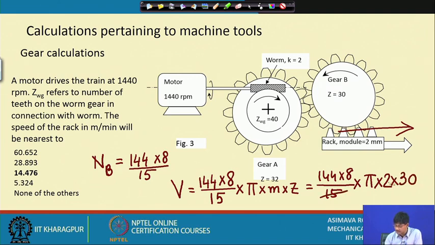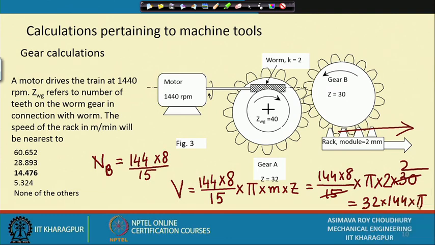This should be the answer, 2, 4. So, 4 8s are 32, once again 32 into 144 into pi. This has been named as the correct answer in meters per minute. All these things were in millimeters, so we will have divided by 10 to the power 3.